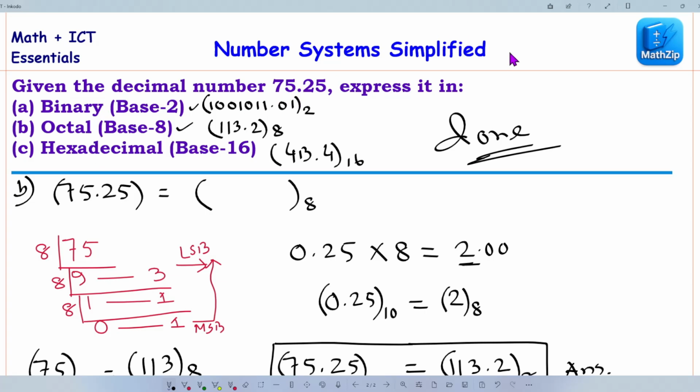This is part of the number system simplified. In lots of countries it's included in the ICT subject, and in lots of countries also in math. So math plus ICT essentials I am trying to solve in this channel, which is MathJib.